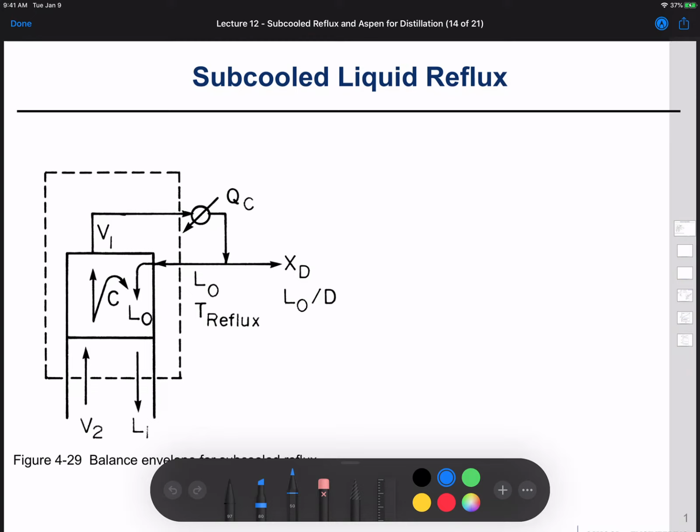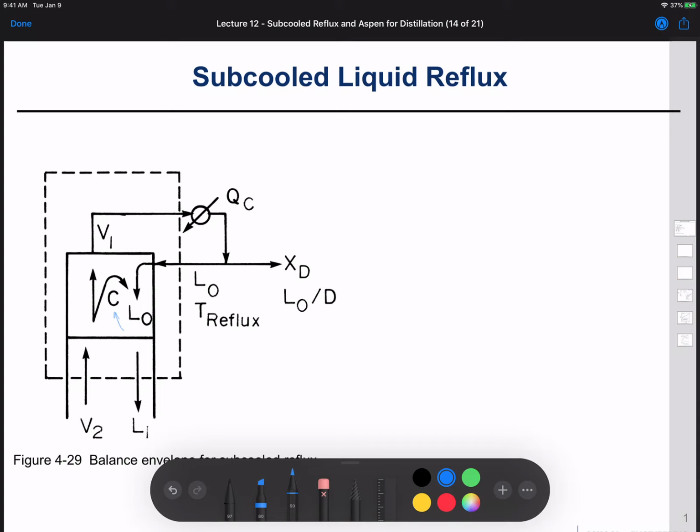We're going to have this situation where some number of moles per hour of vapor is going to be condensed, and that's represented here by C. This is what we're interested in as we look at subcooled liquid reflux.